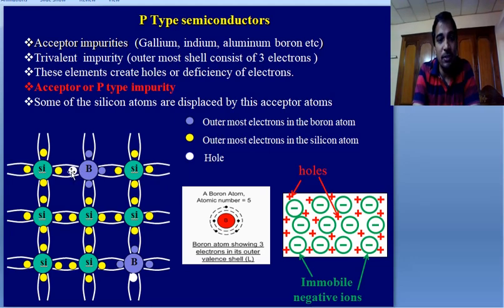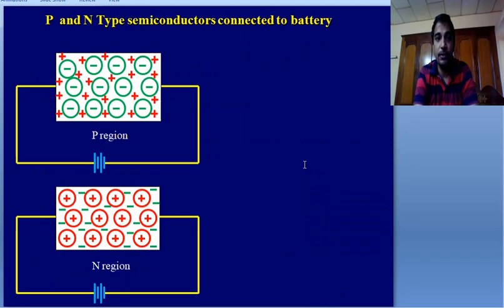This means we are producing positive charge carriers in this P-type semiconductor. See this diagram. By accepting an electron, it is becoming a negative ion. Clear? These are immobile negative ions. The positive ones given in red color are holes. These are also charge carriers.